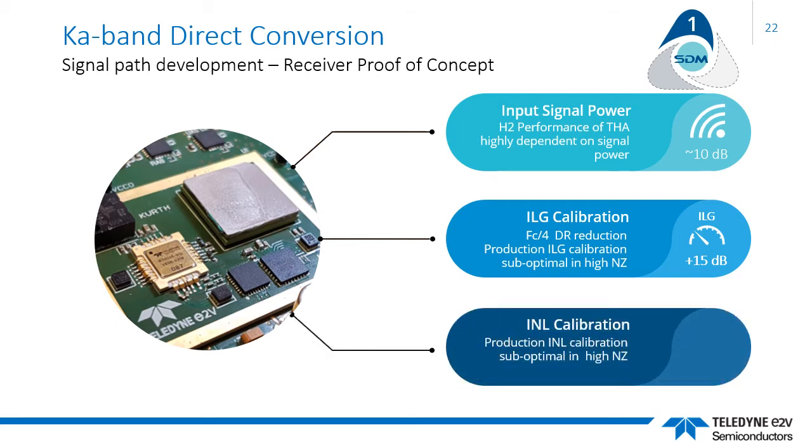The final observation was tied to the integral nonlinearity performance of the ADC. This also had a marginal impact on dynamic range. Again, establishing a high-frequency calibration point saw product engineers achieve a further 3 dB SFDR lift by the end of the experimental work. The optimal high-frequency calibration that was ultimately used for this experiment was 21 gigahertz.